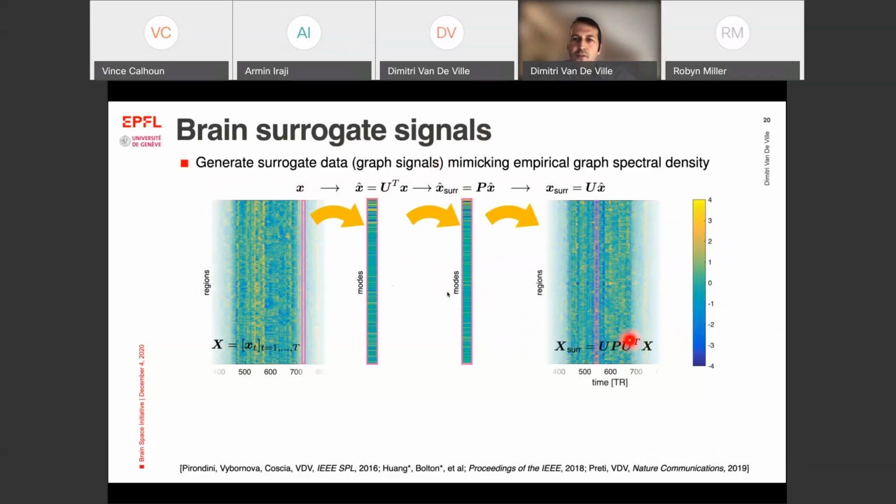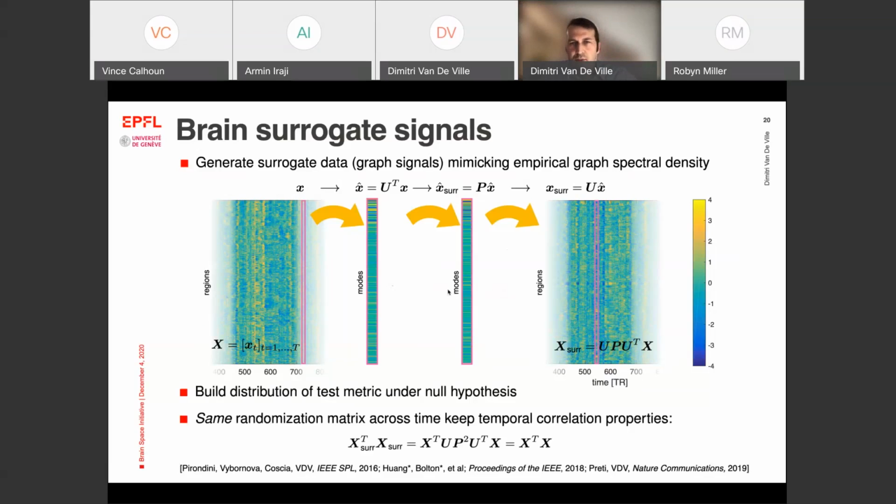And here I have denoted this as a full matrix operation on the data matrix X, which contains all the graph signals in its columns. And P is the sign randomization diagonal matrix. Now, as said, you can do this many times, so you can build a null distribution based on many surrogate sets that can be generated.